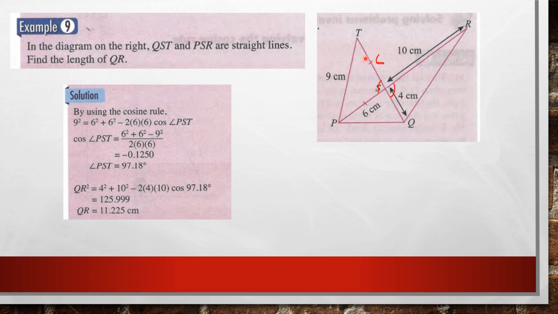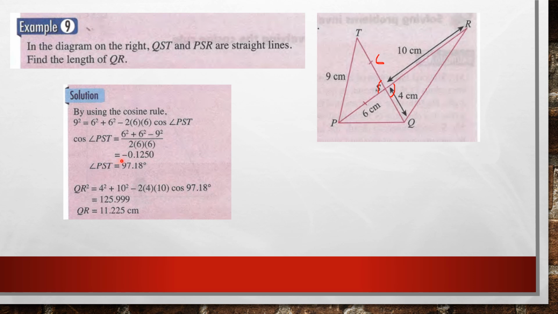So you want to find this PST. We start with the opposite side, 9. 9 squared equals 6 squared plus 6 squared minus 2 times 6 times 6 cos PST. You solve this like example 8.